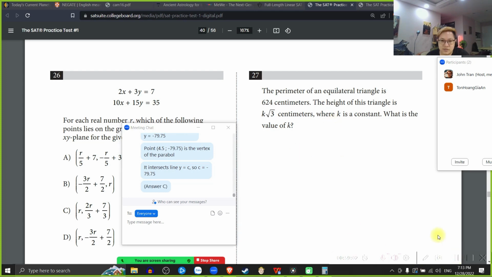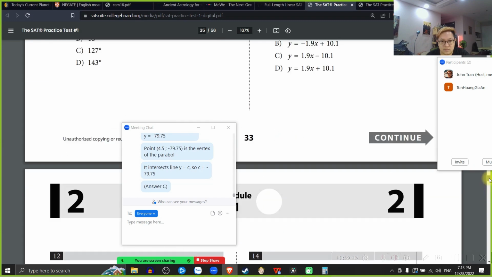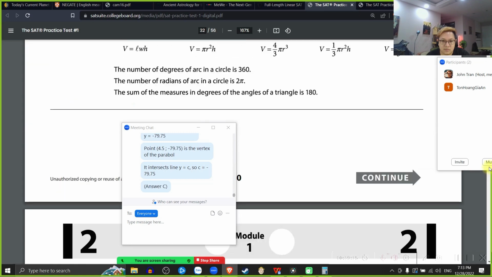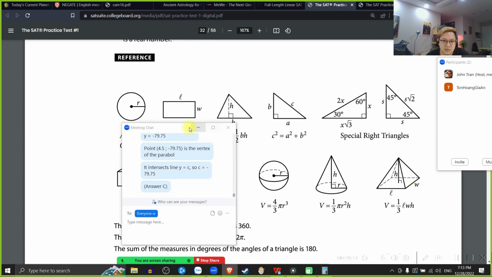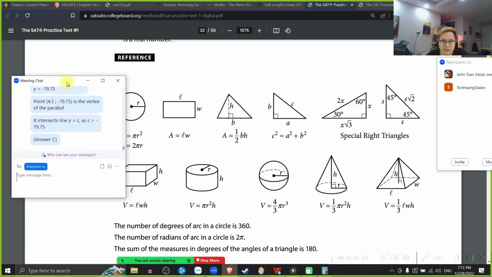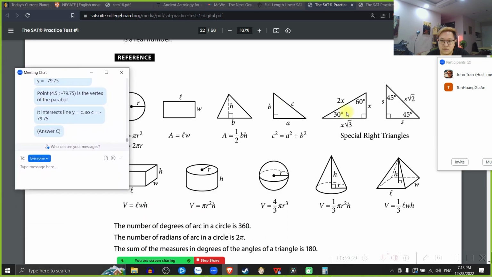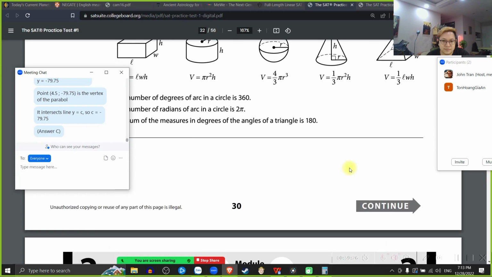Try this one. Okay, just to make it easier for you, this is an equilateral triangle. If you look at the beginning, you can see some equations are given for you for special cases.